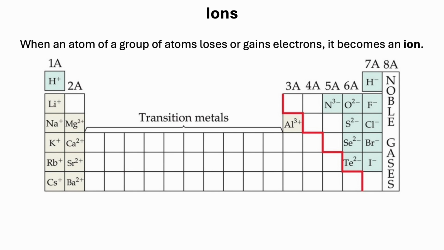So those are main group elements, and the transition metals, as you can see here, we have not mentioned any transition metals here. However, transition metals do not have fixed charges. As an example, if you take copper, this removes 1 electron and makes copper +1, as well as this can remove 2 electrons and make copper +2.